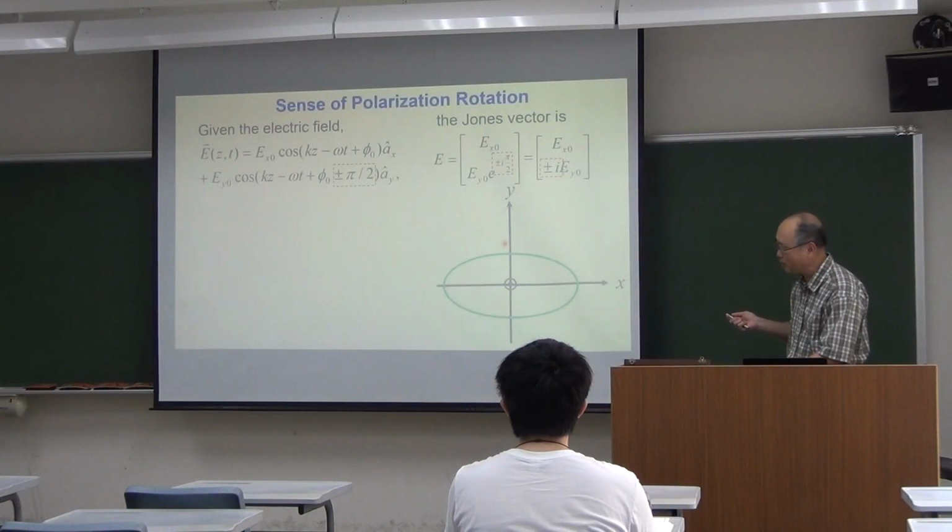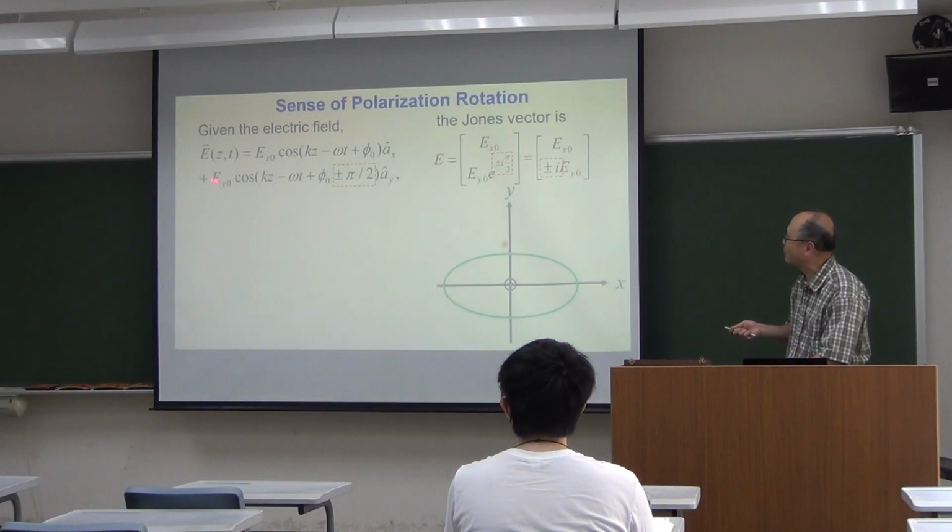Okay, so let's try to understand how the tip of the electric field will rotate based on this real expression, and then make a connection of the sense of rotation to the sign before this I. So this is the strategy.